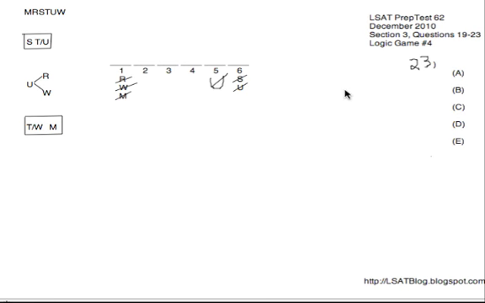Next, number 23, which pairing of people cannot be first and second? So of course this question is very similar to the one that we just previously encountered. Again, no immediately apparent way to attack the choices here, you want to run through them one at a time. And you'll see that A, B, and C all work out perfectly fine. However, choice D, UT, does not work, because if we had U on 1 and T on 2, we certainly wouldn't be able to have ST. Instead, we'd have to have SU.